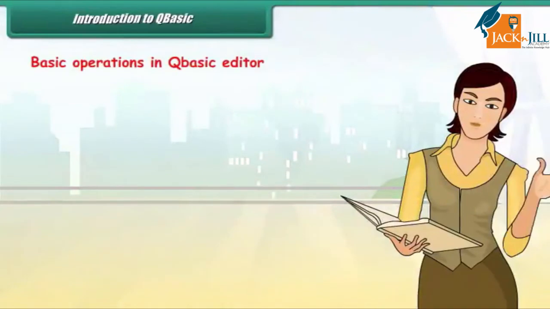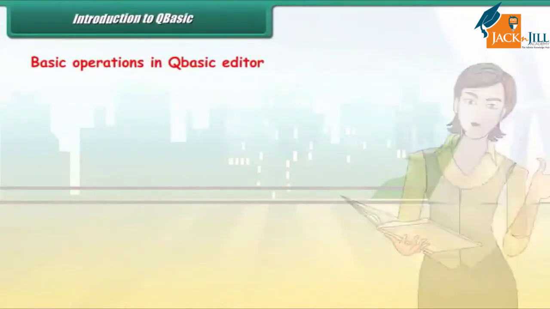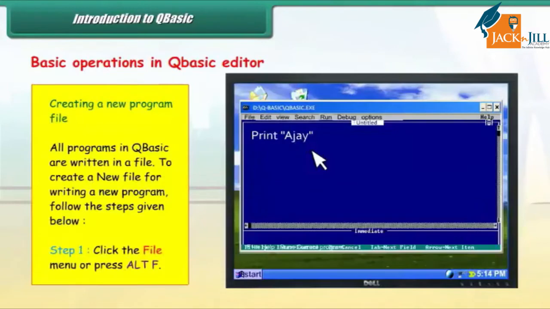Basic operations in Qbasic editor. Creating a new program file. All programs in Qbasic are written on a file. To create a new file for writing a new program, follow the steps given below.